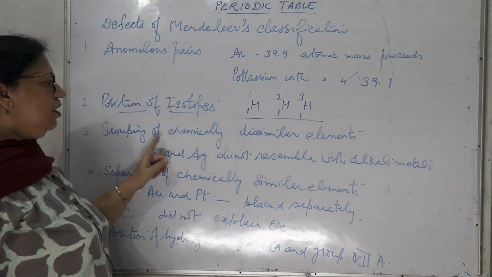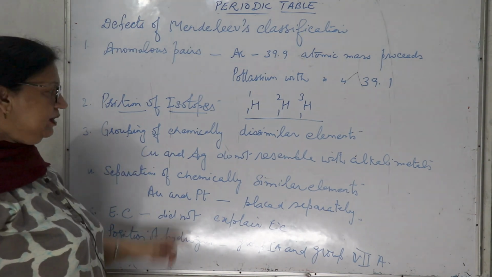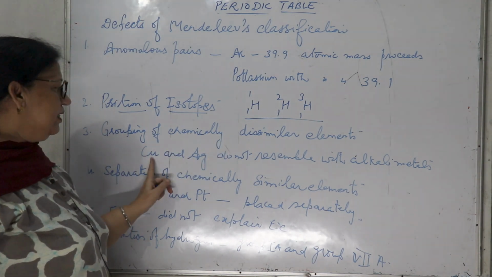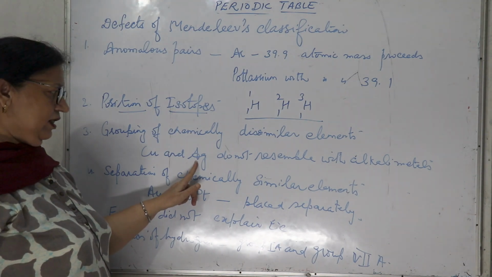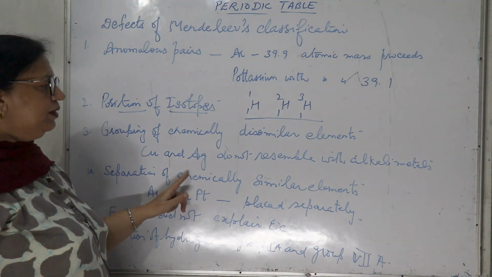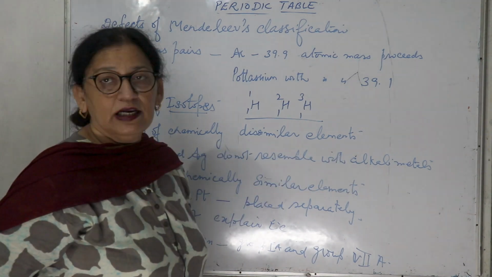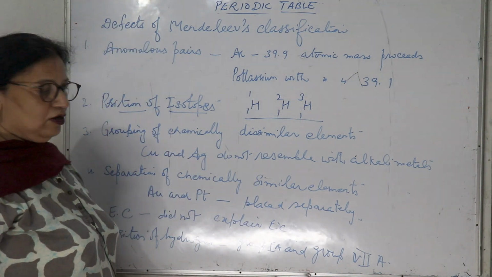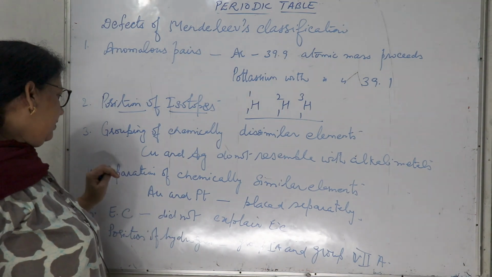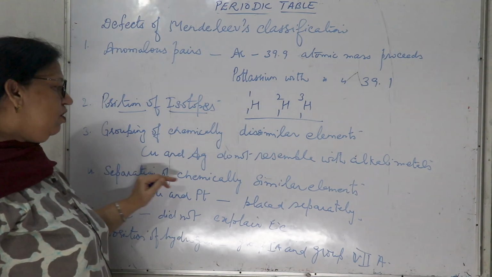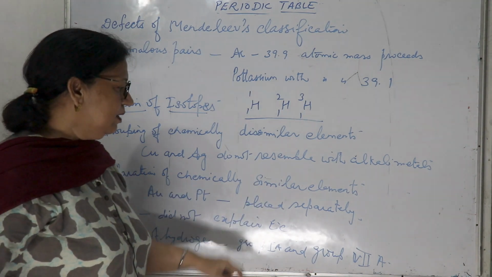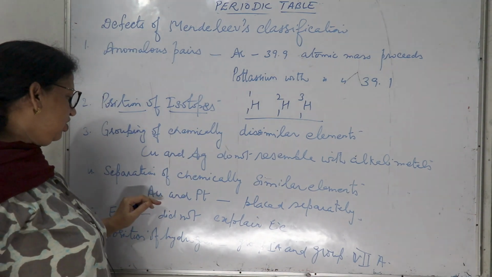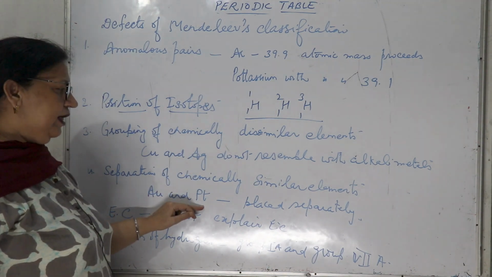Third one is grouping of chemically dissimilar elements. Some dissimilar elements like copper and silver resemble each other, but he placed them along with the alkali metals. They don't have any resemblance with the alkali metals of group 1. And separation of chemically similar elements. Some elements are similar with each other like gold and platinum.